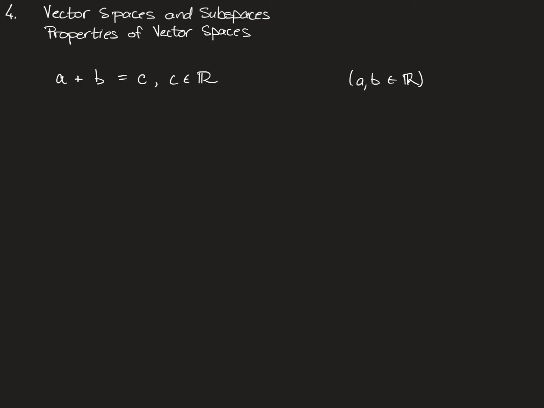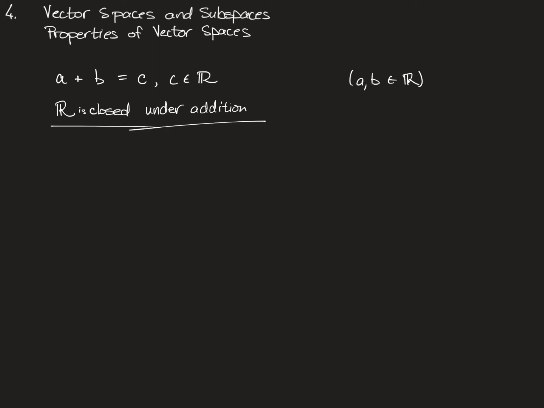So what we say about this is that the real numbers, that set, that collection of things we call real numbers, is called closed under addition. And all that means is that if you do this addition thing to two of the things in this set, you get another of the things in that set out.